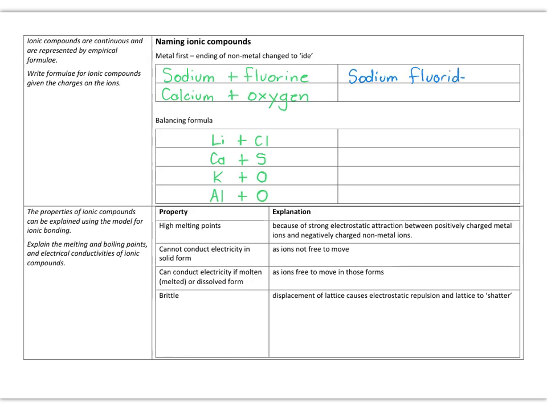So we change the "ine" on the end to an "ide". Calcium and oxygen would become calcium, metal first, oxide. So we do that for all of the ionic compounds: always metal first, then non-metal, and always change the ending of the name to "ide".